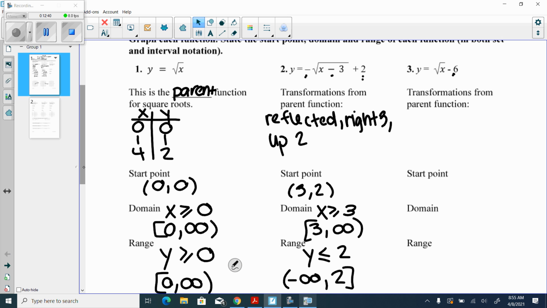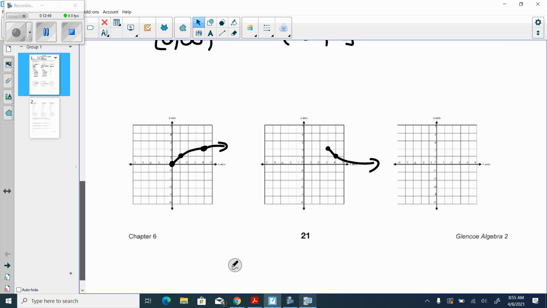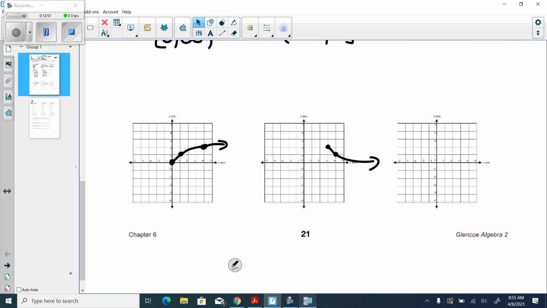Down 6. And that's the only transformation being made, right? So whenever I go to put this on the graph, it looks very similar to this one, but instead of being at 0, 0, it's now going to start at 0, negative 6, which is actually 1 point off our graph. And then I'm going to plot the rest of the points based off of this one, right?